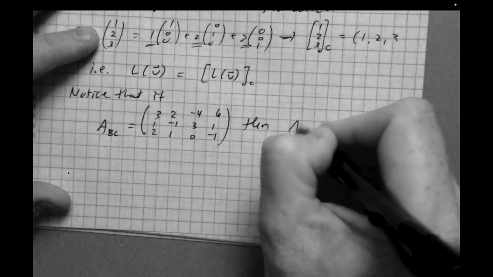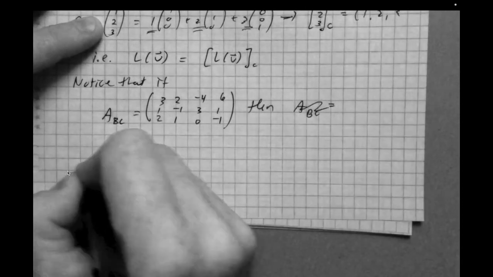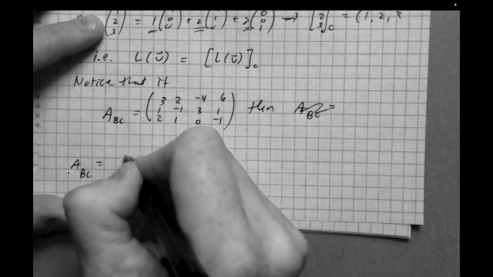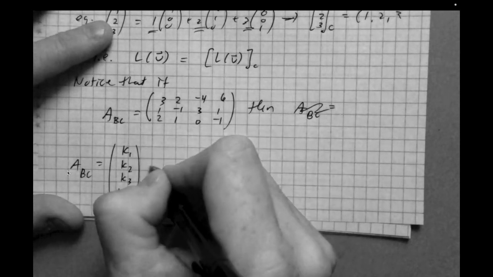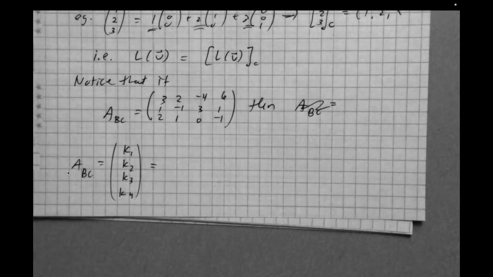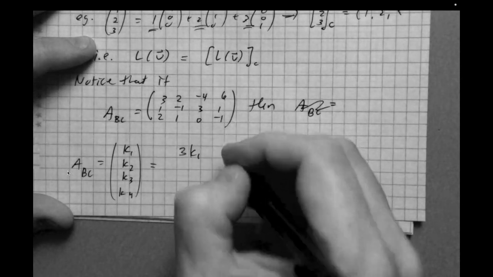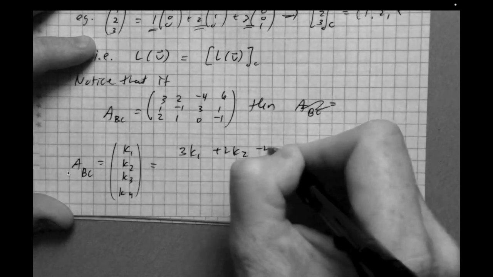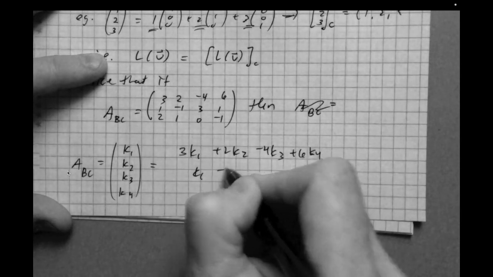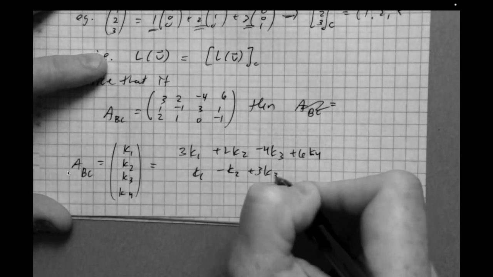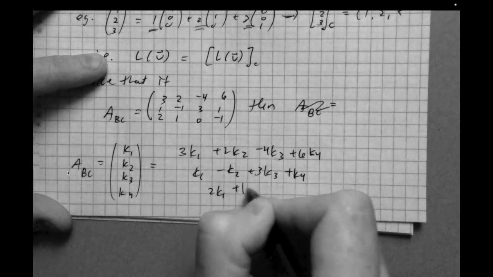Then A_BC times (K1, K2, K3, K4) is itself equal to 3K1 plus 2K2 minus 4K3 plus 6K4, then K1 minus K2 plus 3K3 plus K4, and then 2K1 plus K2 minus K4.